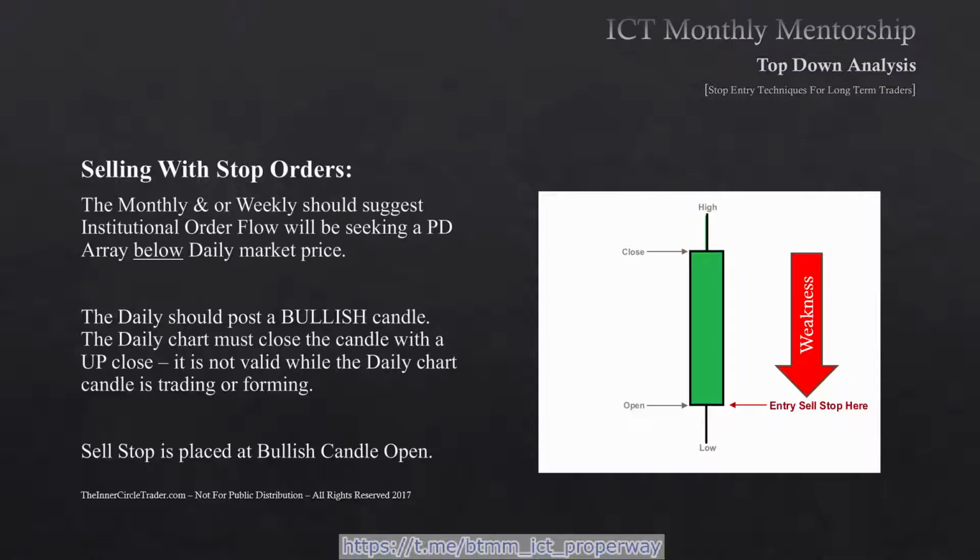Again, the premise is we're expecting the market to be drawn lower from a monthly and weekly standpoint. So there's a PD array that's going to be drawing that weekly and monthly chart lower. Okay, so we're trading on the higher time frame monthly and weekly, but we're executing on the daily. So while the monthly and weekly are poised to go lower, institutionally speaking, we're waiting for a move that's opposite the direction.